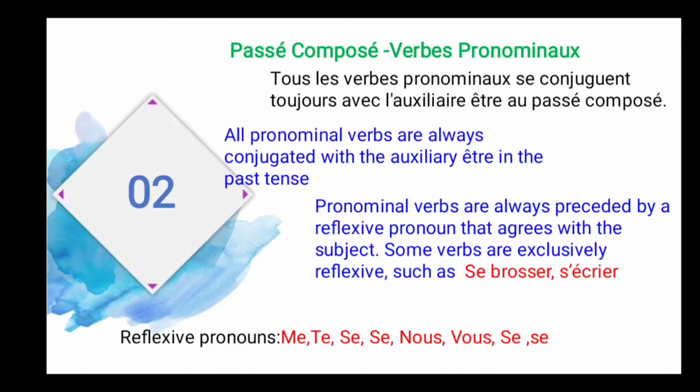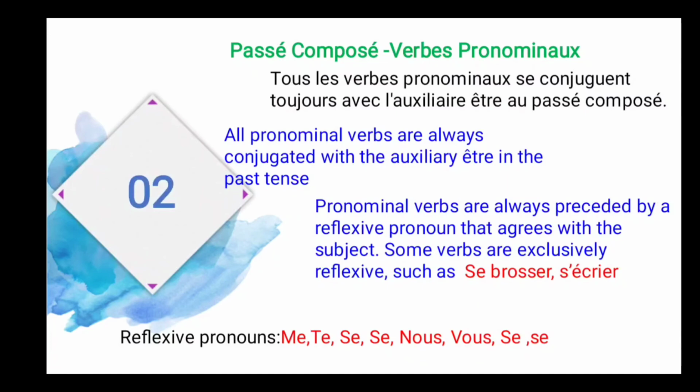These are the reflexive pronouns in English. So let us see the definition for this one. Tous les verbes pronominaux se conjuguent toujours avec l'auxiliaire être au passé composé. So all the pronominal verbs are always conjugated with the auxiliary être in the past tense, as I told you in the first lesson video itself.